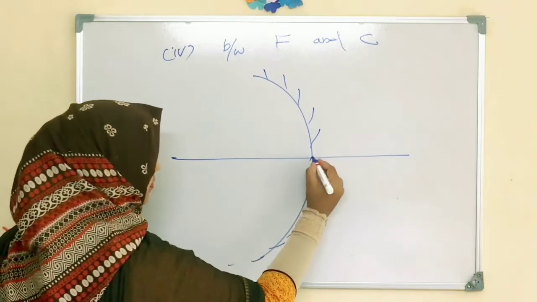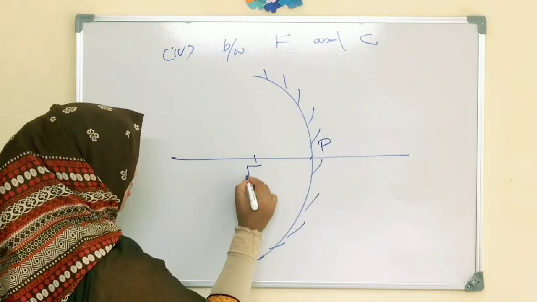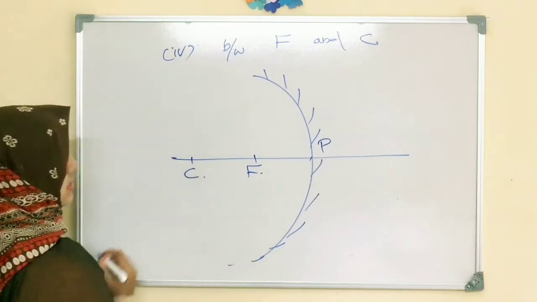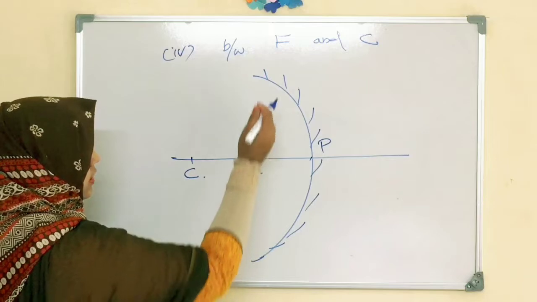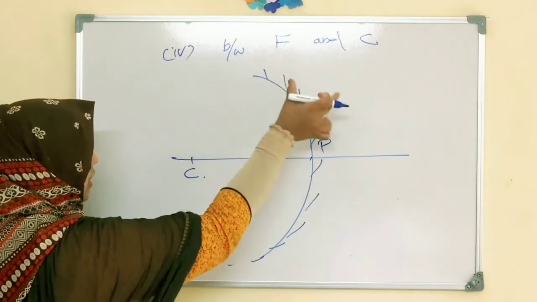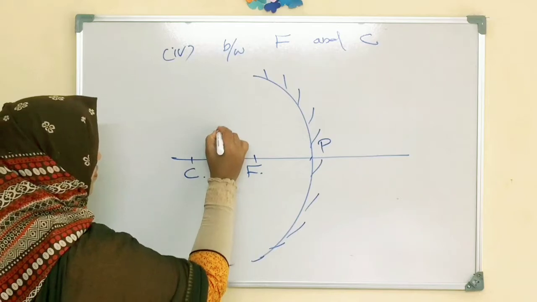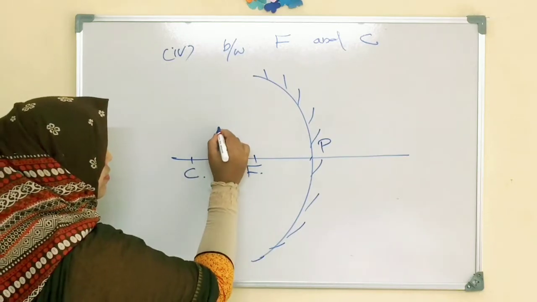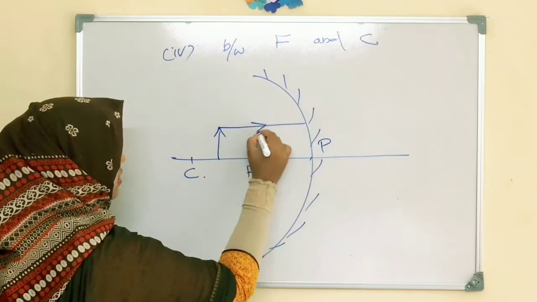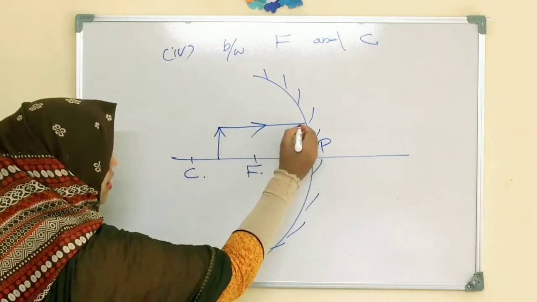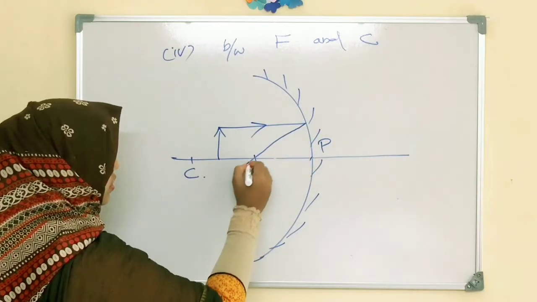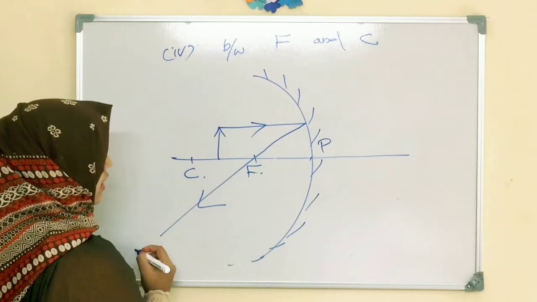Concave mirror, pole, principal focus, C. The object is kept in between F and C. First rule: here, using the first rule, after reflection it passes through the focus.